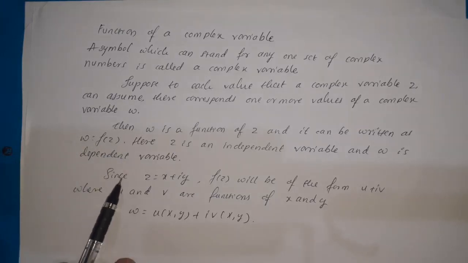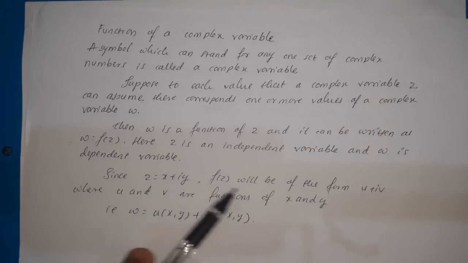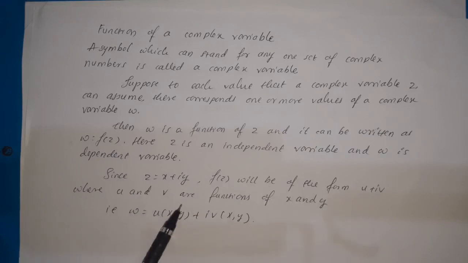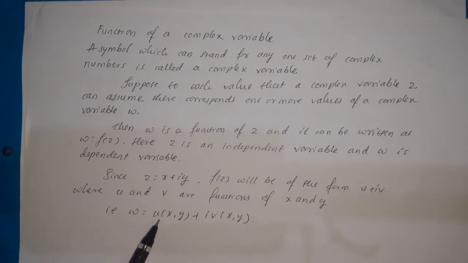And now since z equal to x plus iy, f of z will be of the form u plus iv, as we have discussed in the example, where u and v are functions of x and y. That is, w is equal to u of x comma y plus i into v of x comma y. So this is the definition of a function of a complex variable.